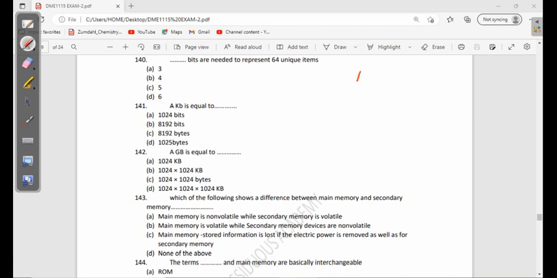We want to find the value of n. What power must the base 2 be raised to in order to get 64? That's 6. 2 to the power 6 is 64. So therefore n is equal to 6.